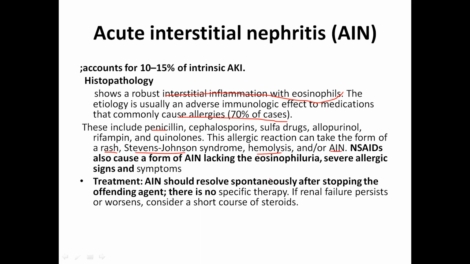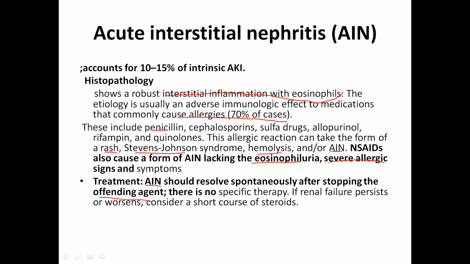NSAIDs can also cause asymptomatic acute interstitial nephritis, meaning lacking eosinophilia and without a severe allergic reaction. Acute interstitial nephritis should resolve spontaneously after stopping the offending agent.